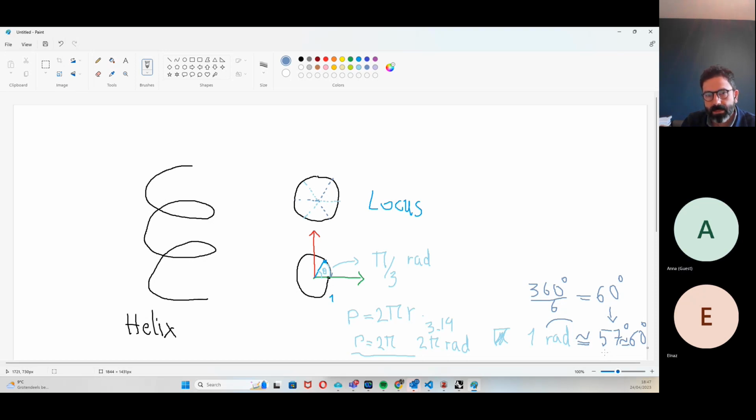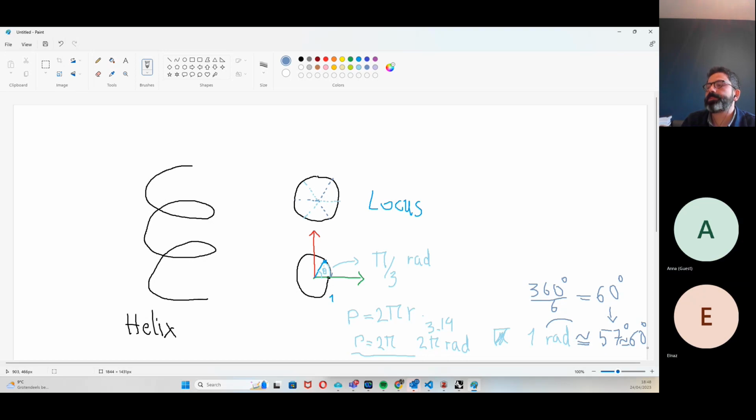Does it make sense now? But 6 is a little bit more than 3, so 2 times 3.14 is 6.28. So this ends up being a little bit less than 60 degrees. Are we okay with this?